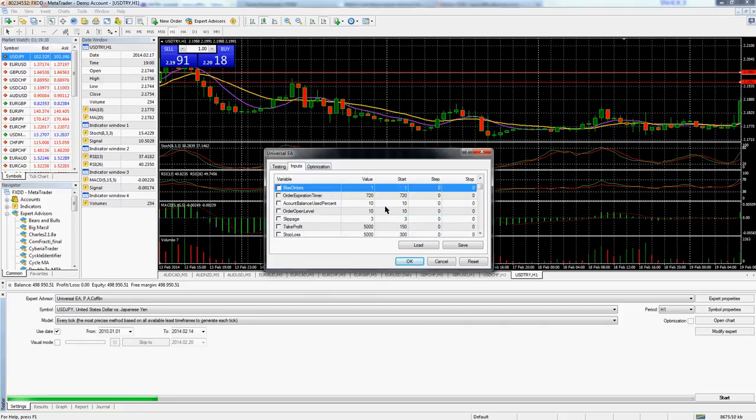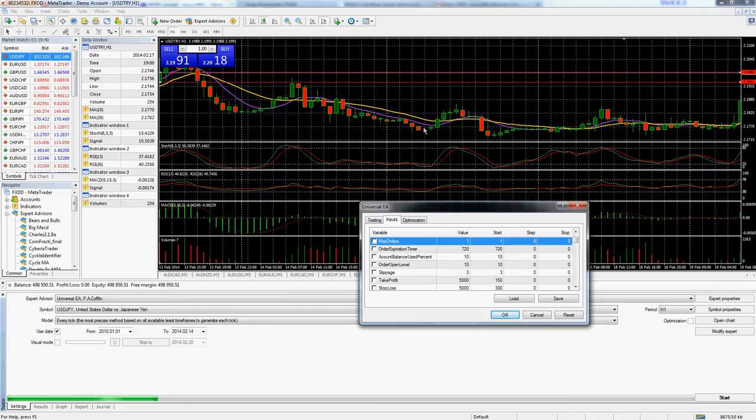Order expiration timer: the way this Expert Advisor works is it places a future buy stop or sell stop order, meaning it places a pending order above or below the market, and whenever the market reaches that value it fills the order.